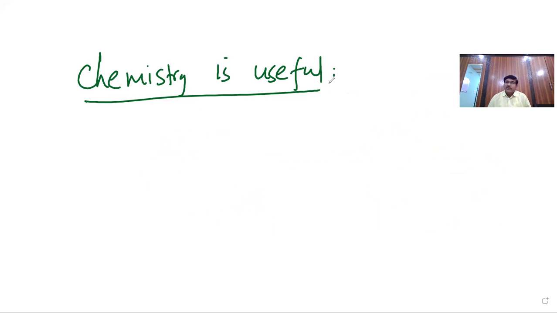In day-to-day life, we make use of chemistry. The body entirely is a combination of chemistry only. All the enzymic reactions, the biology, internally have chemical reactions also. Understand? Chemistry is useful. It is useful in various aspects.